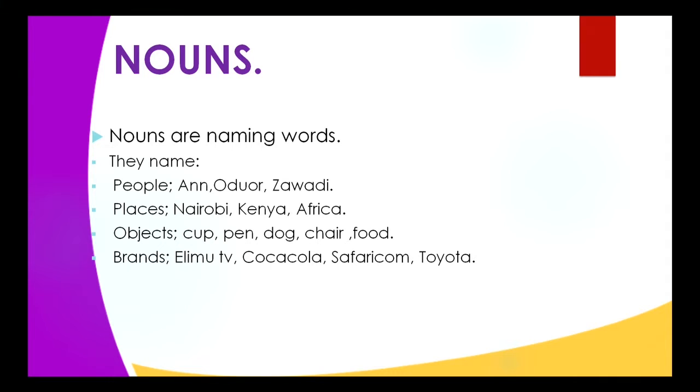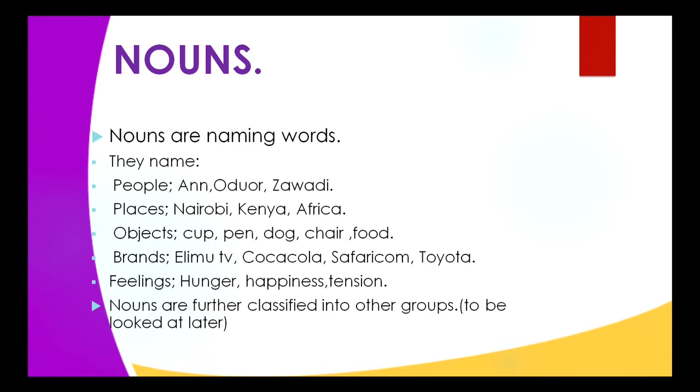That's why we have examples such as Elimu TV, Coca-Cola, Safaricom, Toyota, and many other brands. We also have feelings: hunger, happiness, tension, sadness, sorrow. All those are feelings falling under nouns too. We note that nouns are further classified into other groups.